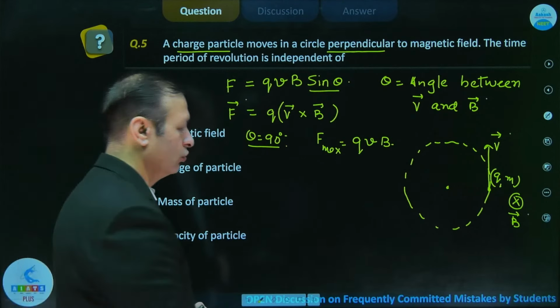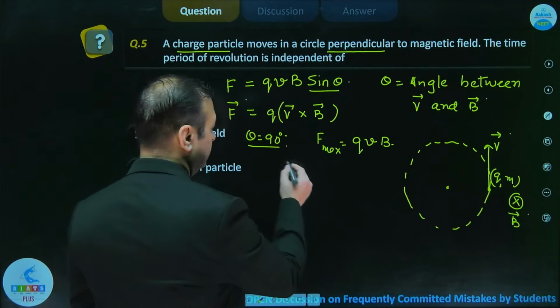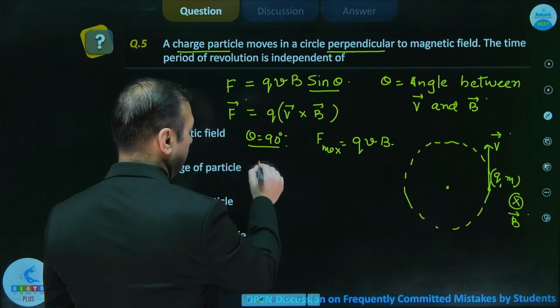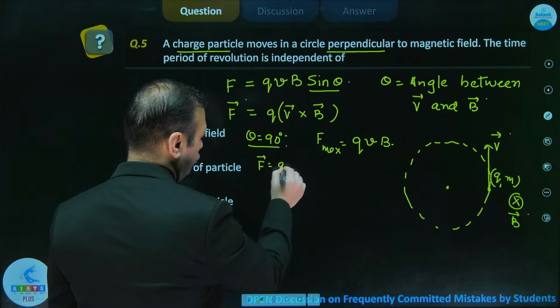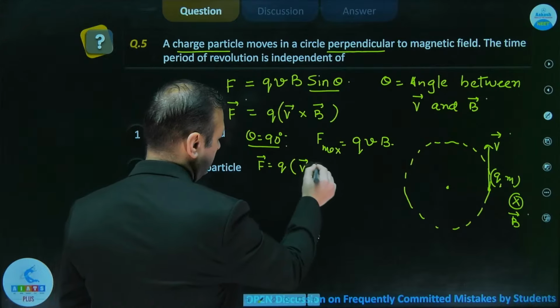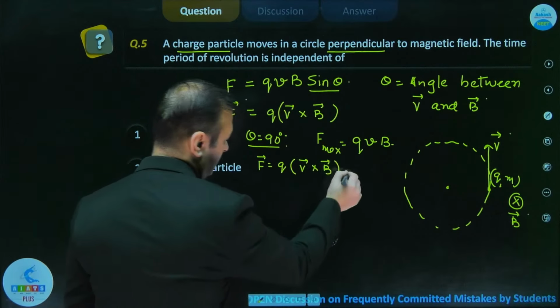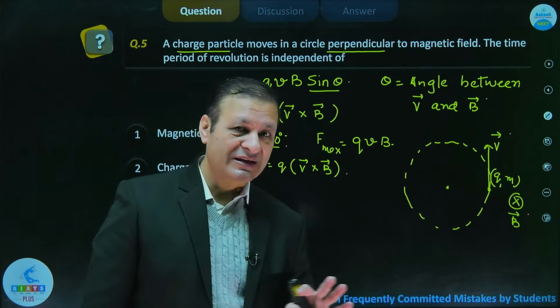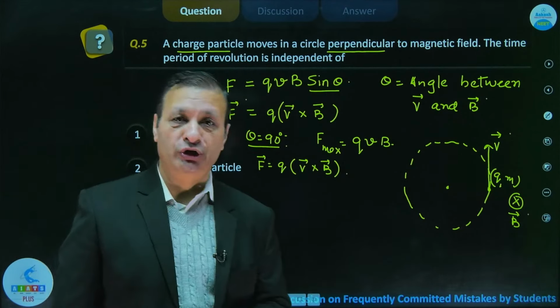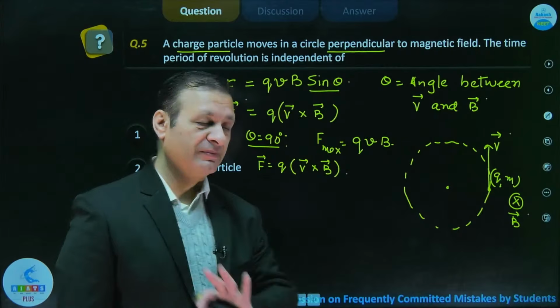Got it? Now try to understand. So F is equal to Q V cross B. I'll help you understand this concept from the cross product point of view, which is quite easy.